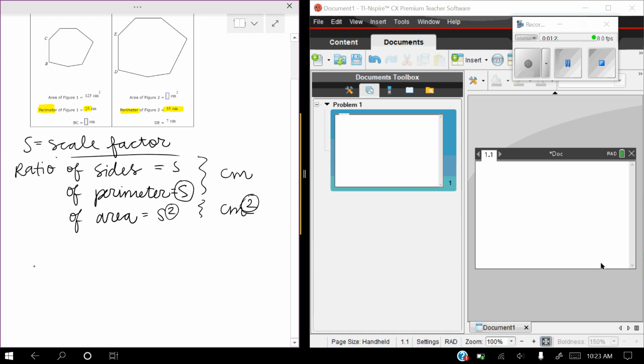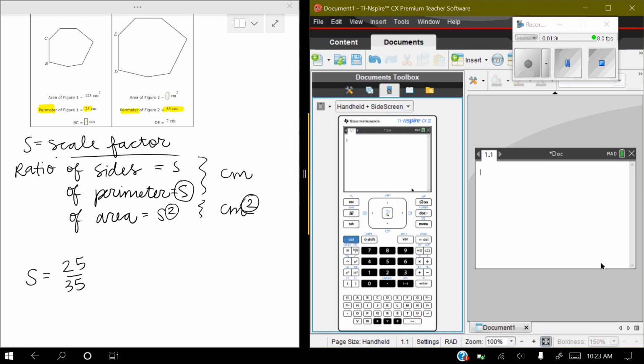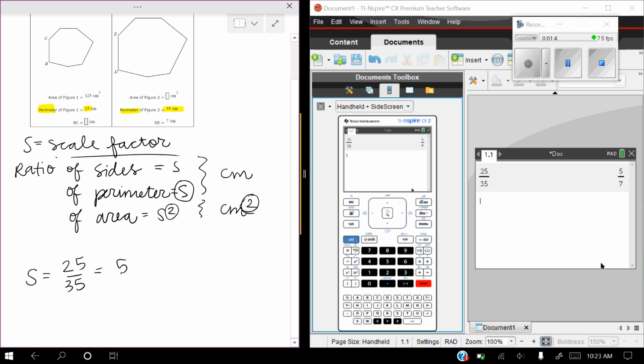Perimeters, scale factor, same thing. I'm going left to right, 25 to 35, and I'm going to reduce that. So 25 over 35 is 5/7. The scale factor here is 5/7.